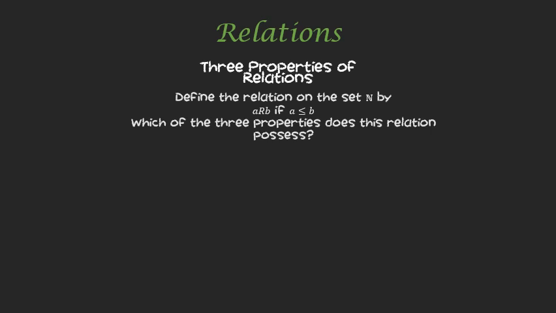So here we'll define this relation on the natural numbers by A is related to B if A is less than or equal to B. I mentioned before that these inequalities are going to happen to be transitive. Well, let's see that, and let's see what other properties they possess. Which of the three properties does this possess?